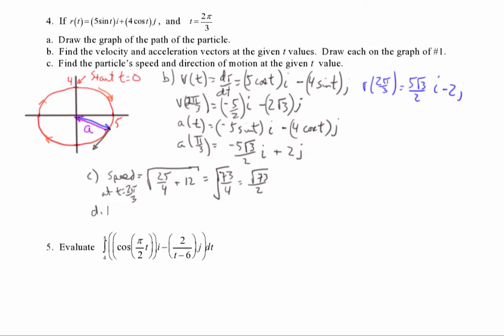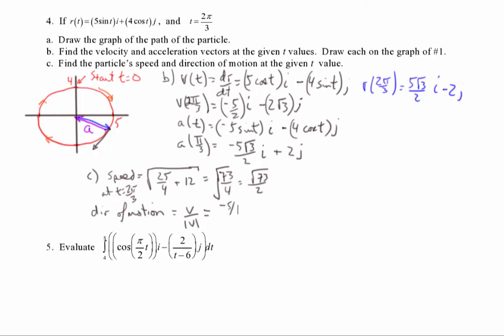Now, the direction of motion, as we wrote on the other side, is just our unit vector in the direction. Unit vector just says it's of length 1, so it tells us where it's pointing. So it's just looking at v over its speed, v over its magnitude.